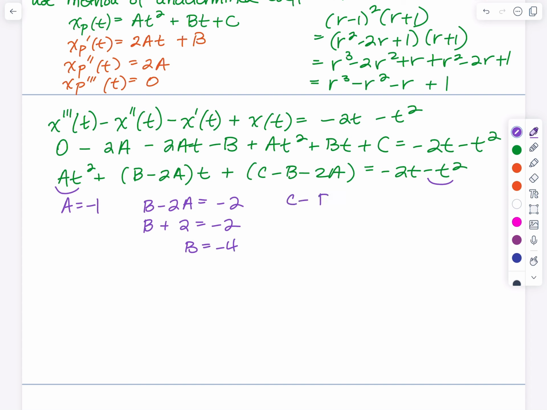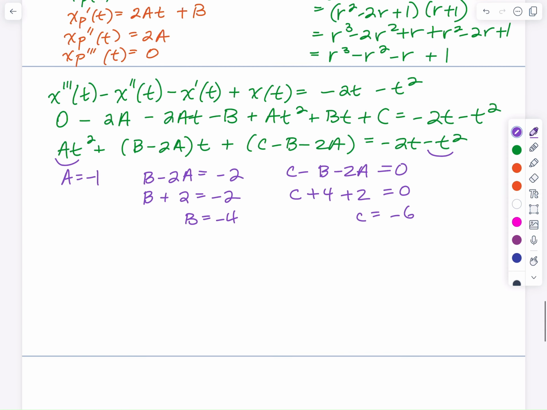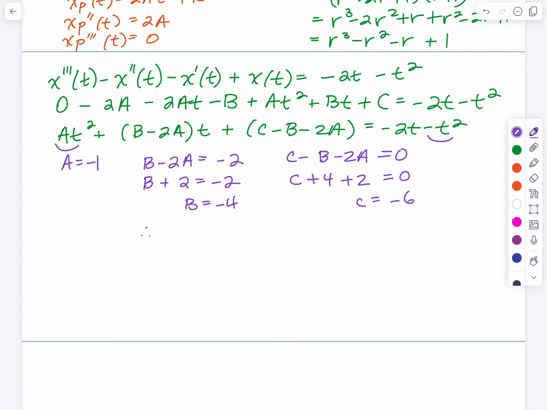And then we have c minus b minus 2a is equal to 0. So c plus 4 plus 2, plugging in a and b, gives us c is equal to negative 6. So therefore we have yp of t is equal to negative t squared minus 4t minus 6.